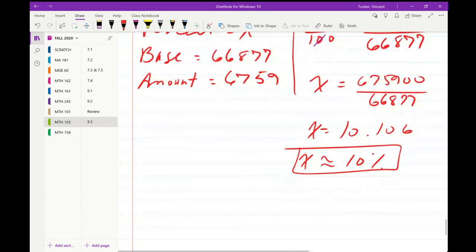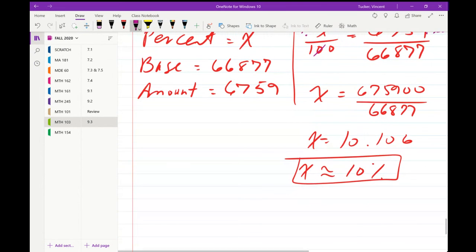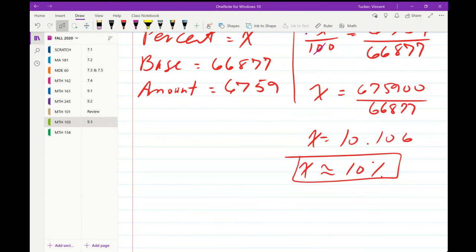Oh, let me show you something. Let me do this one in the equation as well, so I can show you the difference. So we said this is going to be the percent. If we were to do the equation, percent times the base equal to the amount.